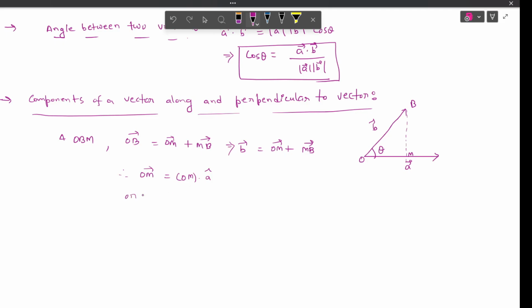Okay. So we can say OM vector is OB cos theta into A cap, or OM vector is modulus of OB, which is the modulus of B vector, so modulus of B cos theta into A cap.